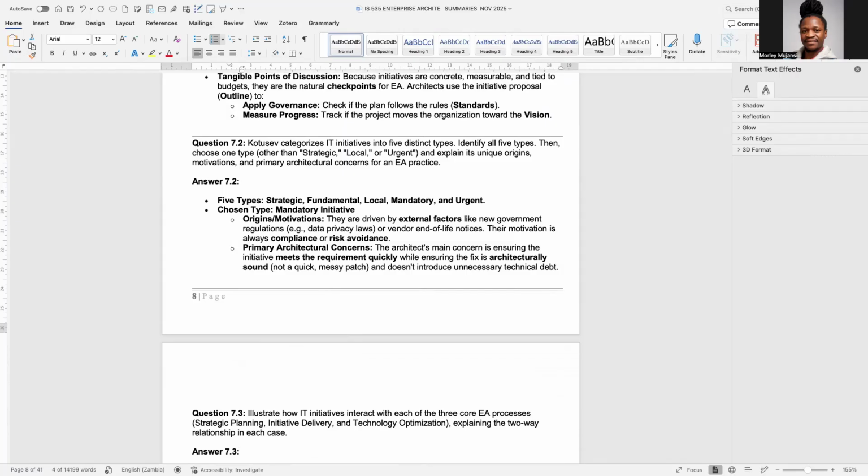So basically, we've covered the initiative as the core focus within an EA practice, and then we've also discussed technology optimization activities. What else? We've also discussed the continuous cycle of feedback, and also the process-oriented view and strategic planning.